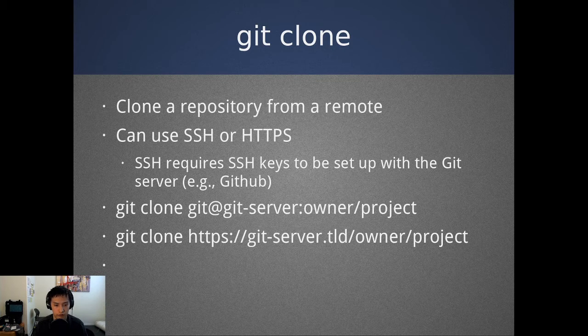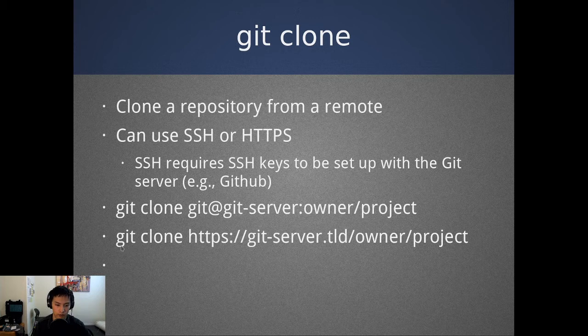We'll note that using SSH to clone repositories will require SSH keys to be set up with your Git provider, your Git server. The syntax varies for git clone depending on what you're using. For SSH, usually there's a Git user at the Git server, and you have an owner or a team, and then the project name.